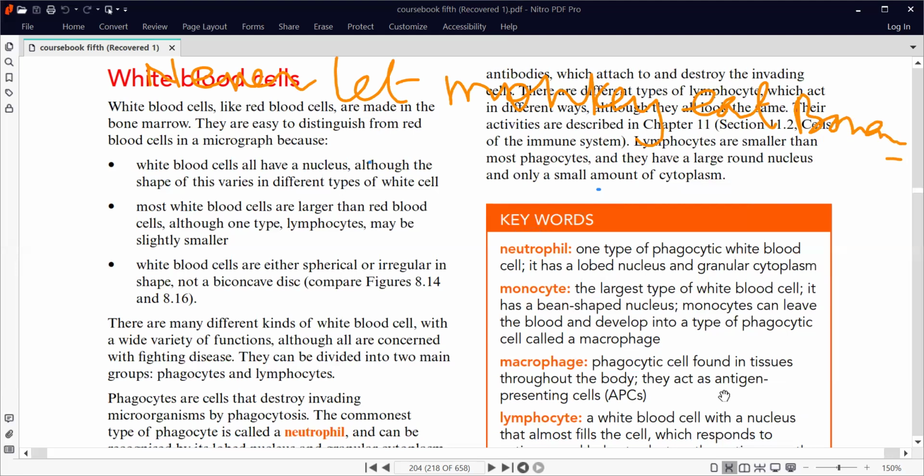N is for neutrophil, L is for lymphocyte, M is for monocyte, a macrophage, E is for eosinophil, and B is for basophil. According to the number, neutrophil is the largest in number, after that lymphocyte, after that monocyte, then after that eosinophil, and then basophil. There are different types of cells floating inside the blood.